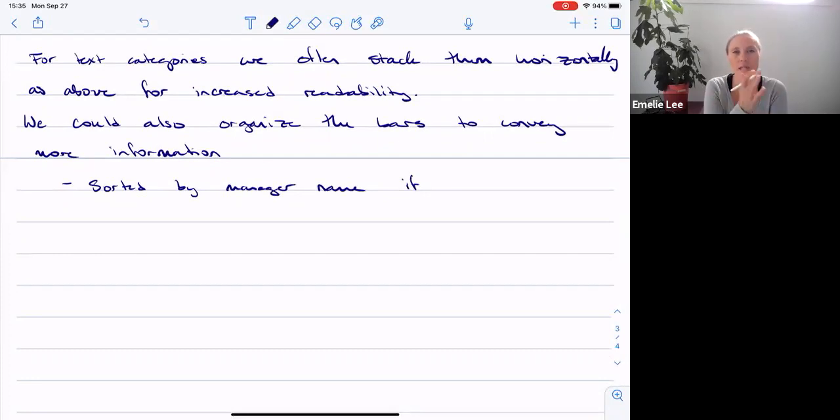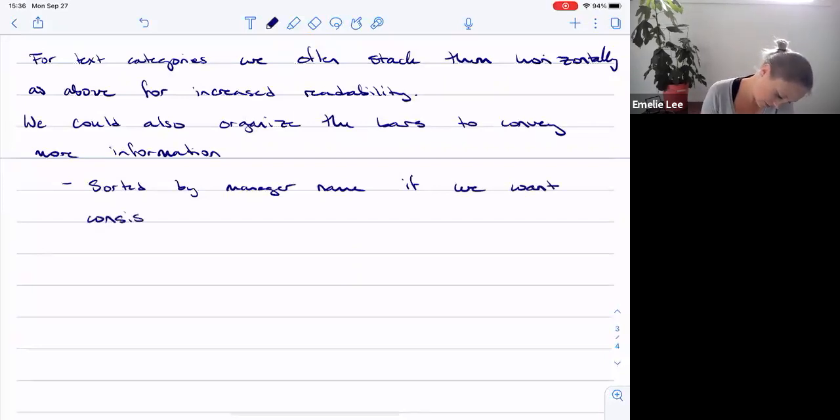If we want consistent comparisons across multiple quarters, for example, consistent comparisons by manager.